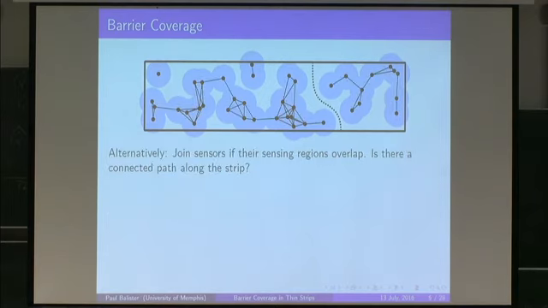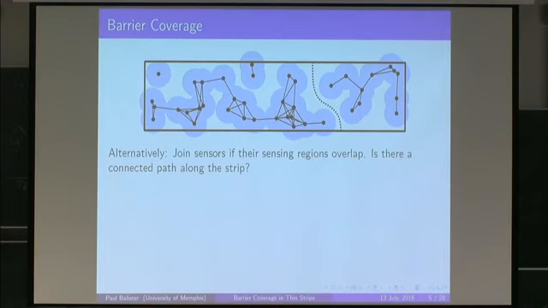An alternative description is that if you join two sensors when their sensor regions overlap, then what you've got is a graph, a random geometric graph, and it's basic topology of the plane that there is a crossing path.